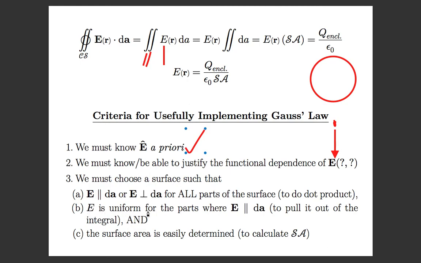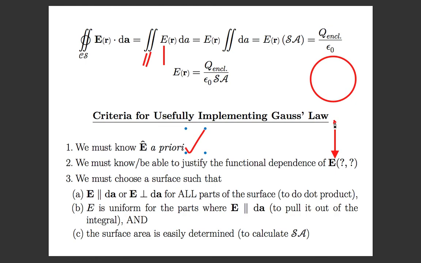We need E to be uniform across the surface, and so if E depends on R, the value of the distance from the center of the sphere, we would need a surface that has a uniform value of R, so that E would also be uniform. Well, a surface that has a uniform value of R is a sphere.